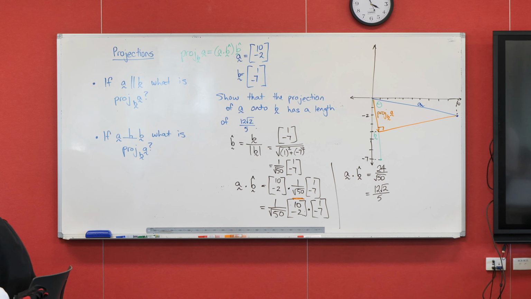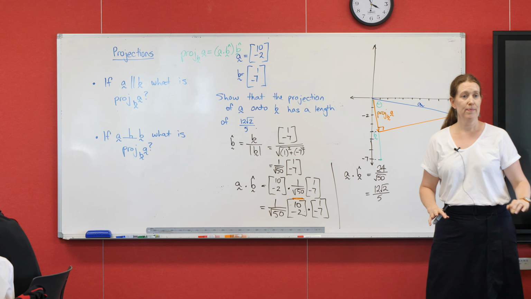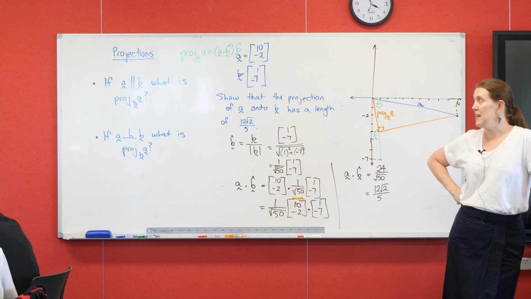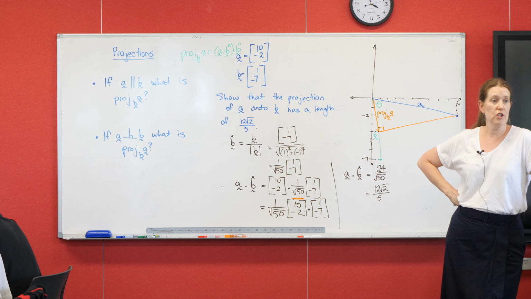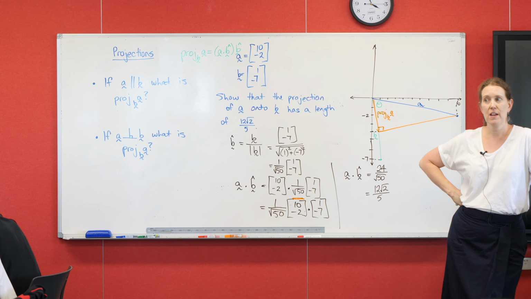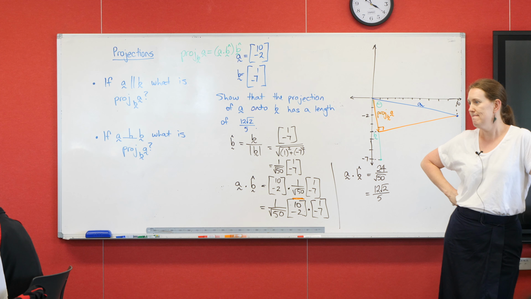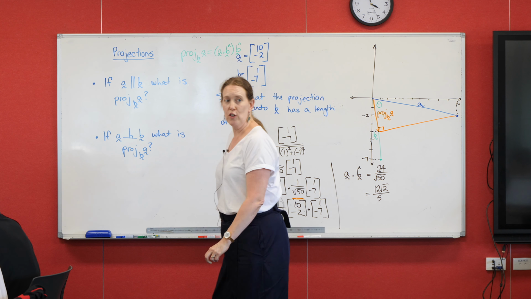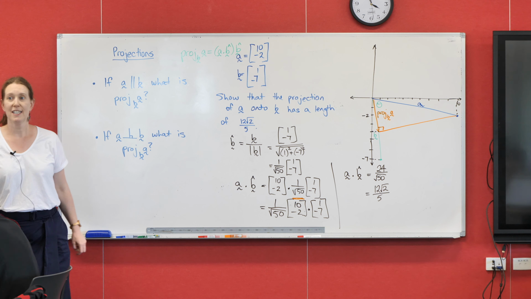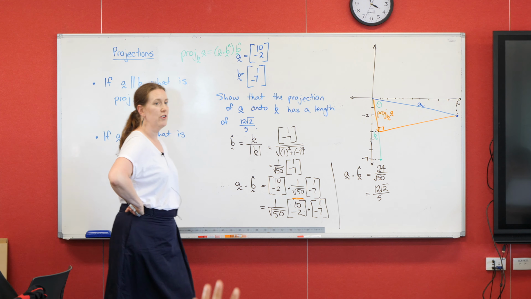If you think you have an answer to one or both of them, raise your hand. If A is parallel to B, what is the projection of A onto B? And if A is perpendicular to B, what is the projection of A onto B? Don't overcomplicate it. We're talking shadows. If you think you need a diagram, do that.